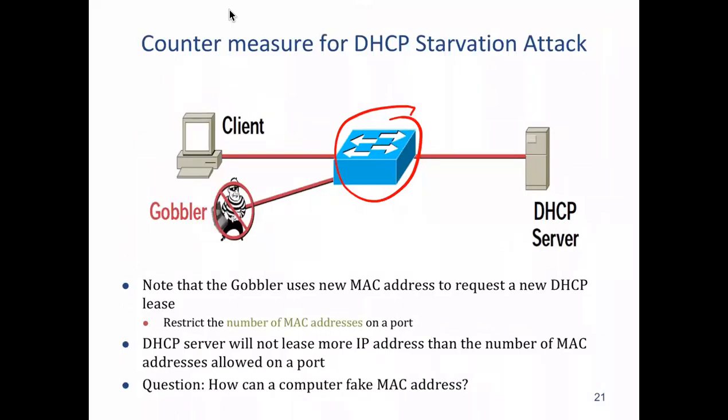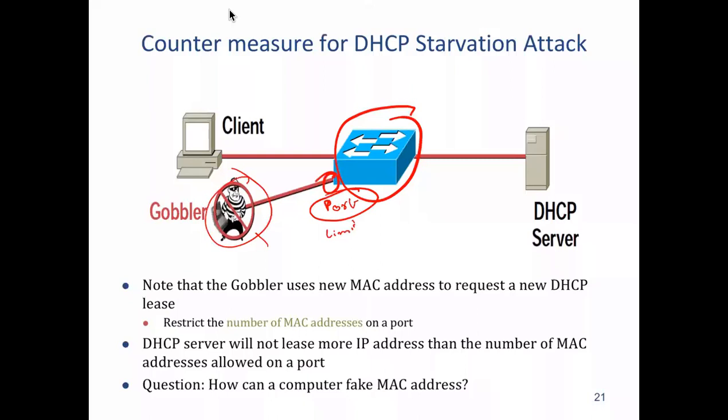The low-end routers don't have any of these provisions, while high-end routers have a lot of mechanisms to take care of these things. One such mechanism is limiting the number of MAC addresses associated with a port, say 2 per port.